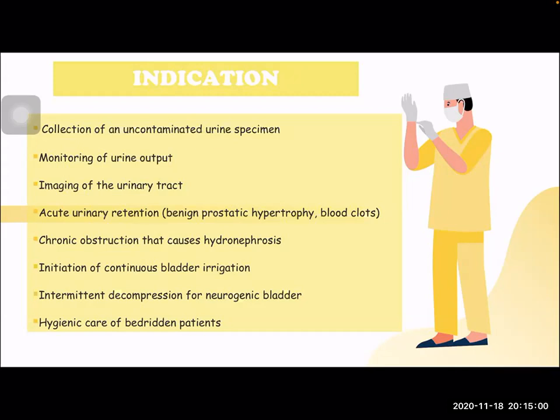And then for chronic obstruction that causes hydronephrosis. Next is for the initiation of continuous bladder irrigation, that is to remove blood clots from the bladder. And then intermittent decompression for neurogenic bladder, and lastly is for hygienic care for bedridden patients.